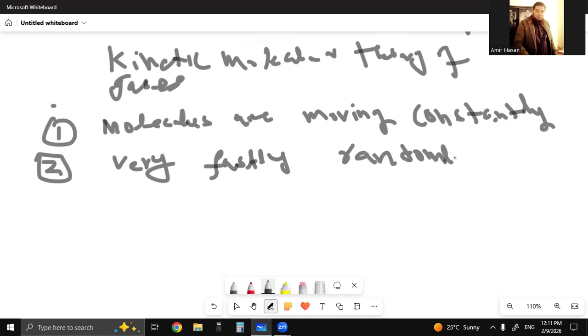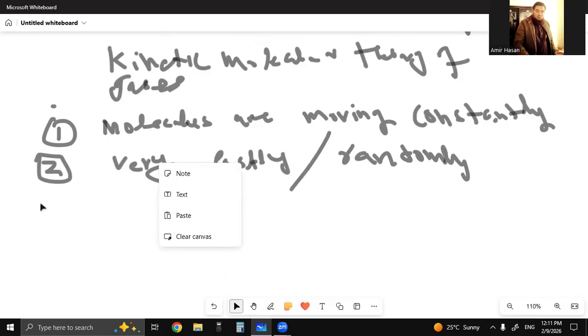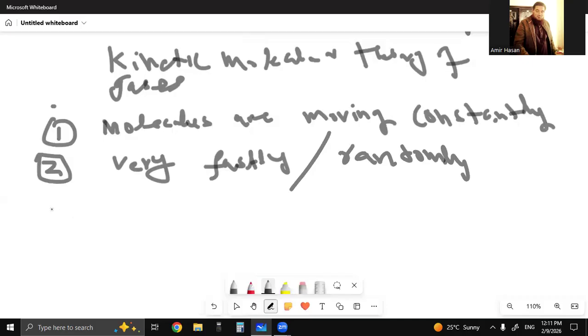Molecules move fast and randomly. The kinetic energy of gas molecules is higher than that of liquids or solids. Due to the increase in kinetic energy, molecules move very fast and randomly.